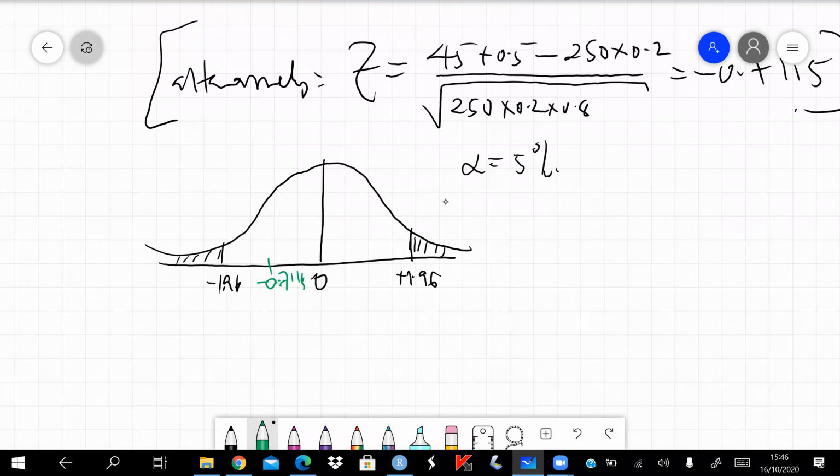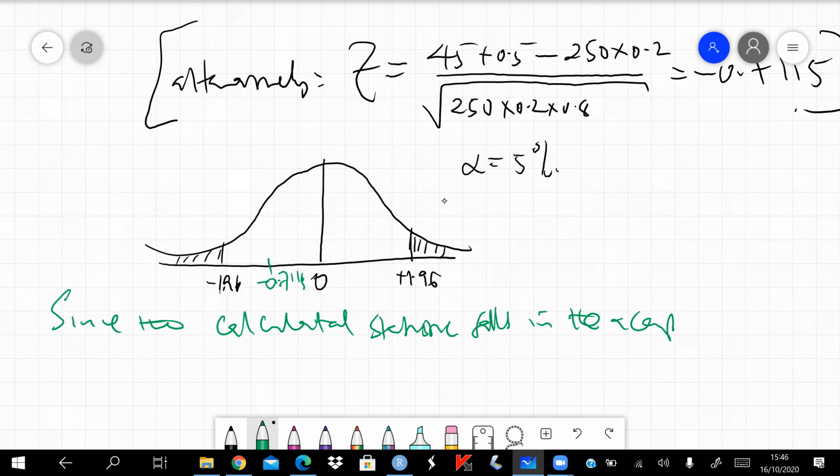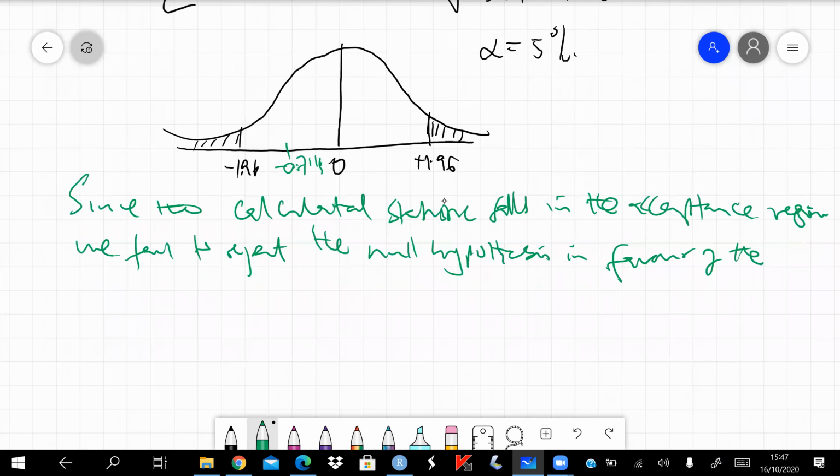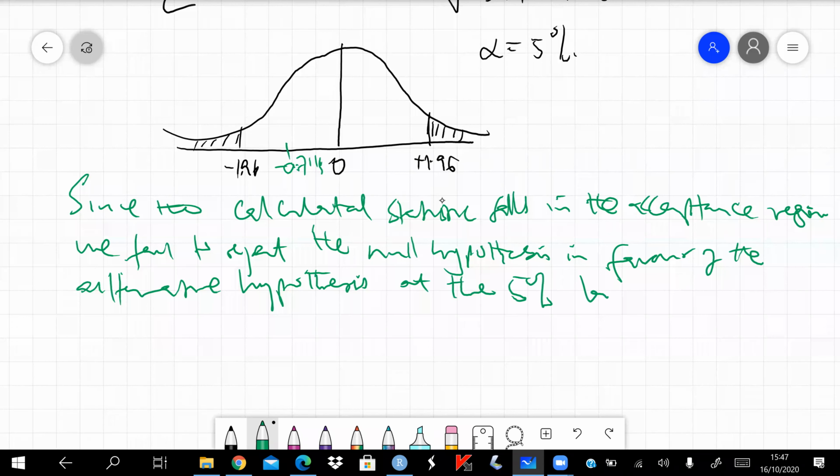So we conclude that, since the calculated statistic falls in the acceptance region, we fail to reject the null hypothesis in favor of the alternative hypothesis at the 5% level of significance.